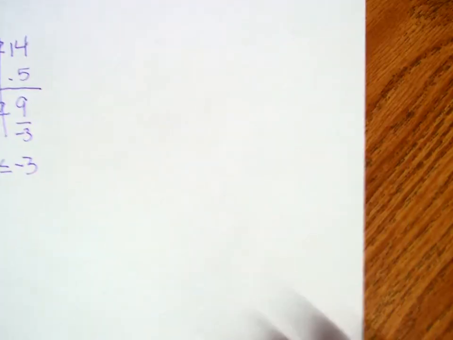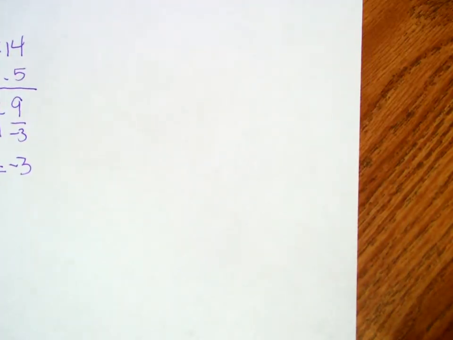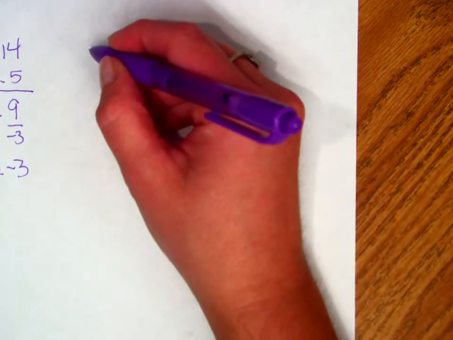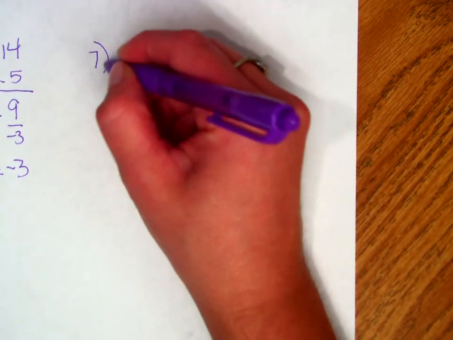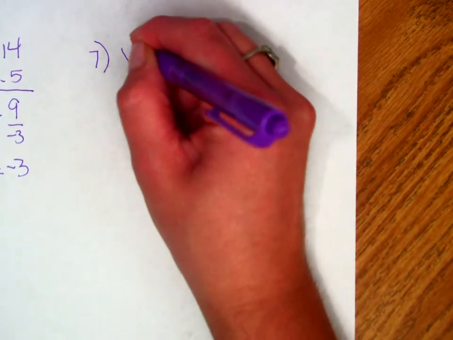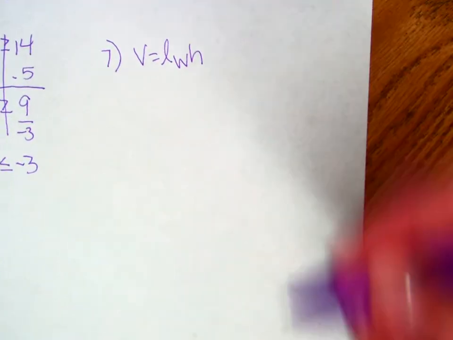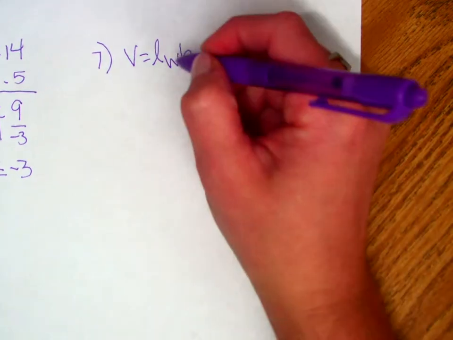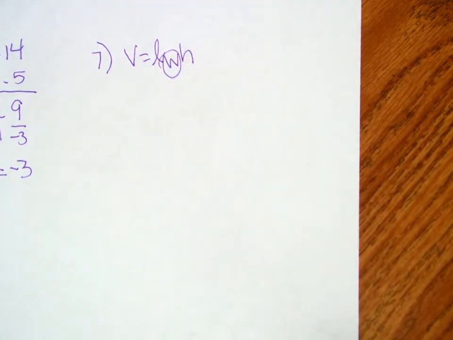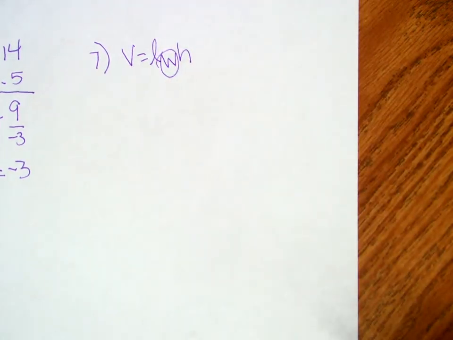All right, so 7 and 8, we call those literal equations, which are probably your absolute favorite equations to solve. So let's look at number 7. I've got volume is equal to length times width times height, and they want me to solve for the width. So how am I going to get my length and height over to the other side with my volume?